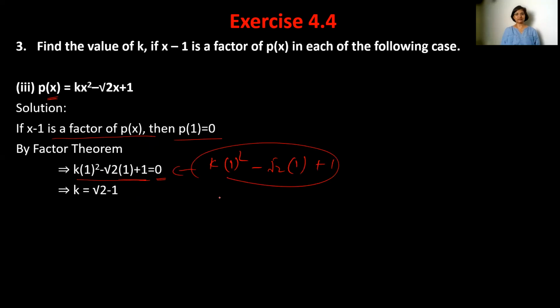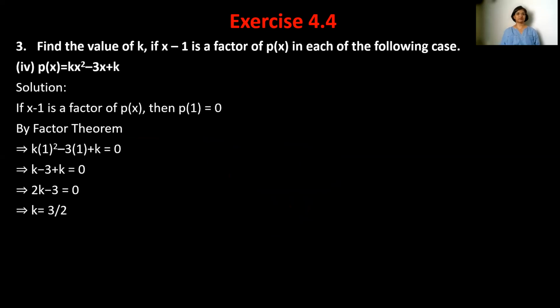So that means k minus under root 2 plus 1 equals 0, right? When these both terms go to the right hand side, signs will be changed. So k equals under root 2 minus 1, because it was minus on the left hand side and plus with plus sign. When they go to the right hand side, signs will be opposite. So plus under root 2, we don't write plus if it is at the start. Under root 2 minus 1.